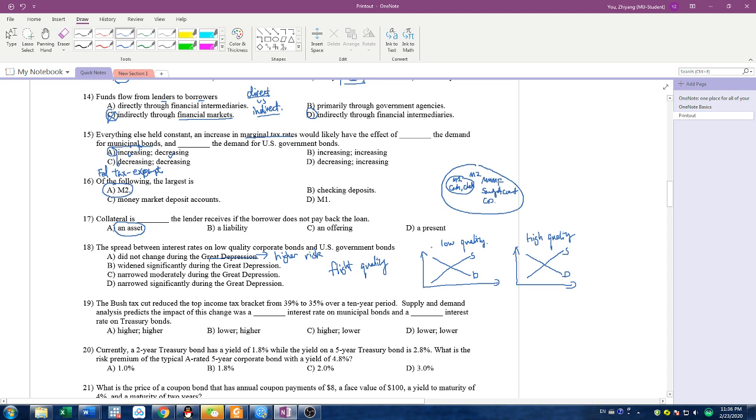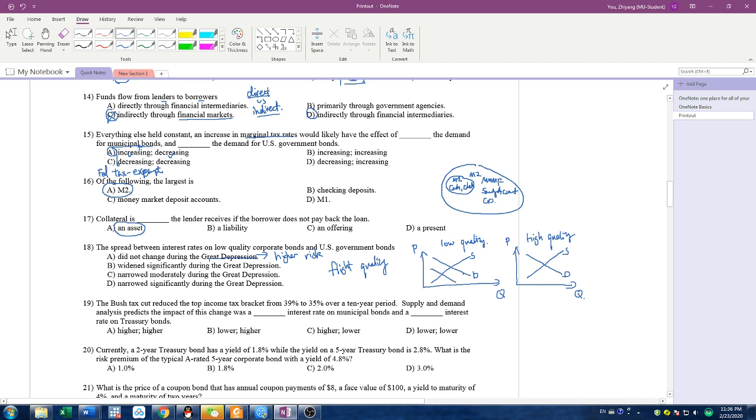Okay, and again, the vertical axis is the price, the horizontal axis is quantity traded, right? So when there's a recession, as we know, the risk of low quality bonds is going to grow by a lot. So basically we want less. We want to be safe when we're in the depression.